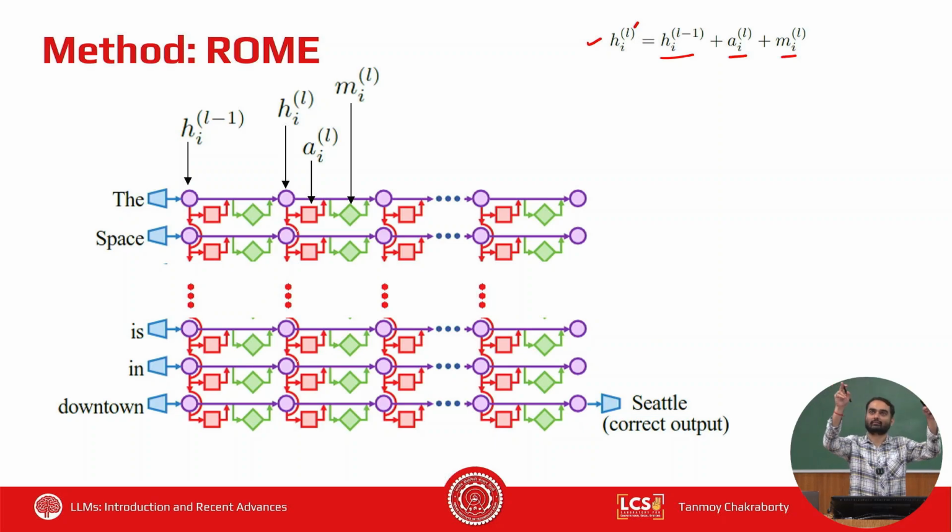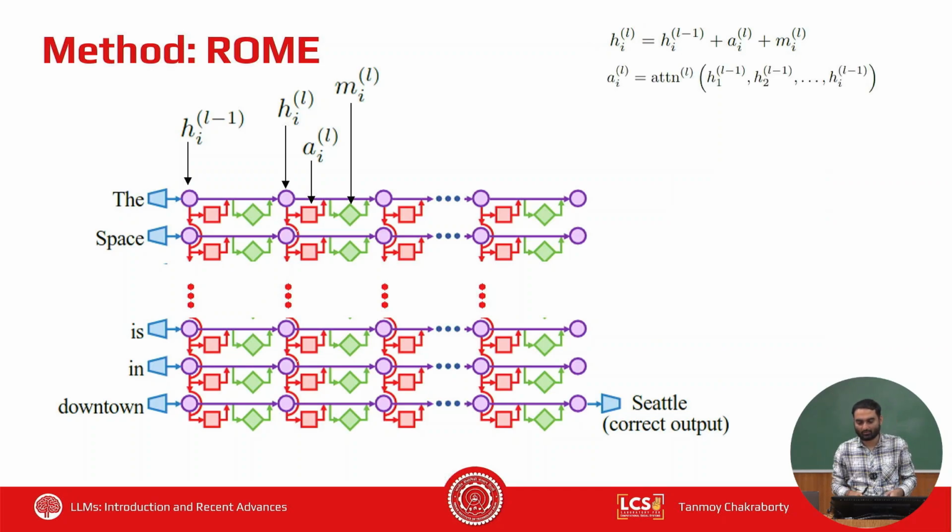So the entire transformer, you can think of it as a matrix where in this view columns are the layers, rows are the tokens. So Lth layer ith token, L plus 1th layer jth token.